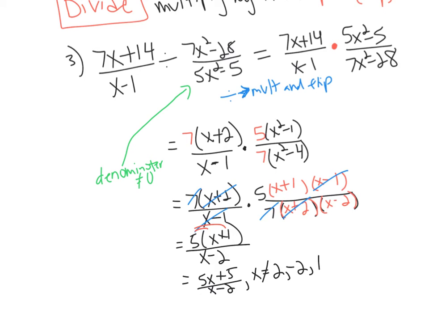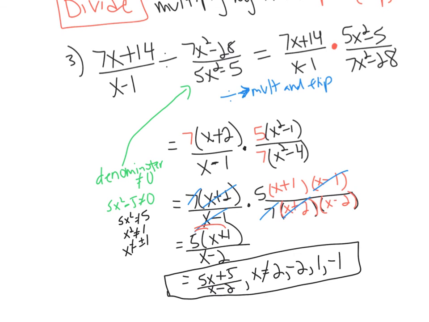So what does that mean? That means that 5x squared minus 5 cannot equal 0. If we solve this for x, that means that 5x squared cannot equal positive 5. That means that x squared cannot equal positive 1, and x cannot equal positive or negative 1. Well, the positive 1 I've already restricted based on a different denominator, but the negative 1 I do not have.